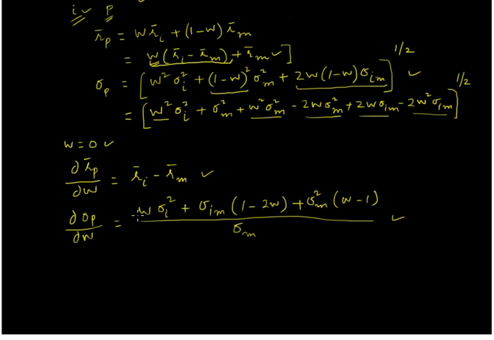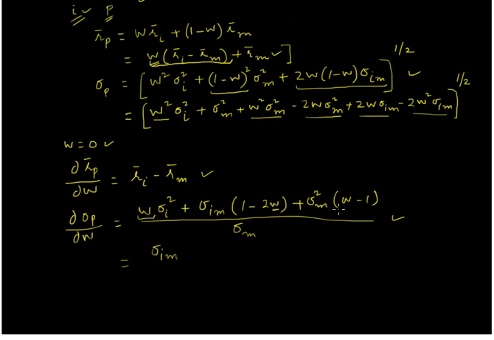Well, we have a W here. If we use a 0 value for W, this whole thing is 0. If we write a 0 here for this W, what we are going to have is 1 minus 2 times 0, which is 1 minus 0, which will be 1, and 1 multiplied by covariance between I and M is going to give us simply covariance between I and M.